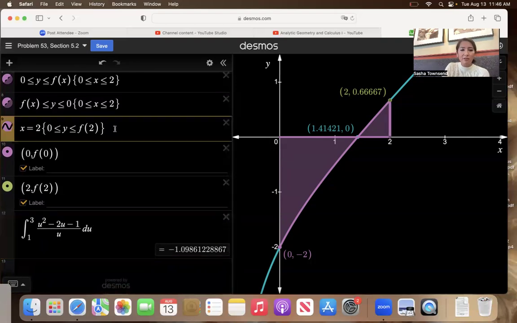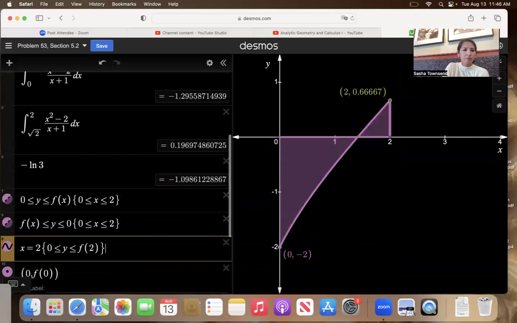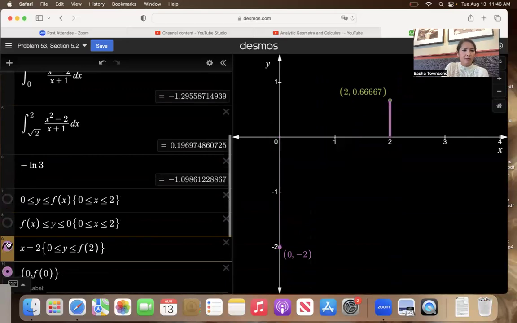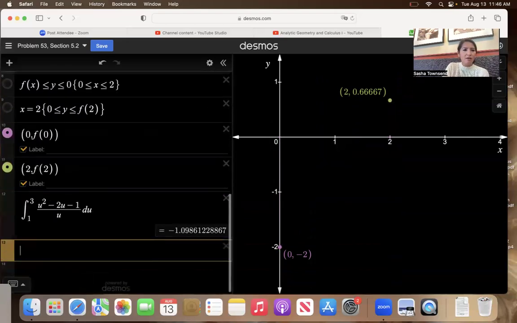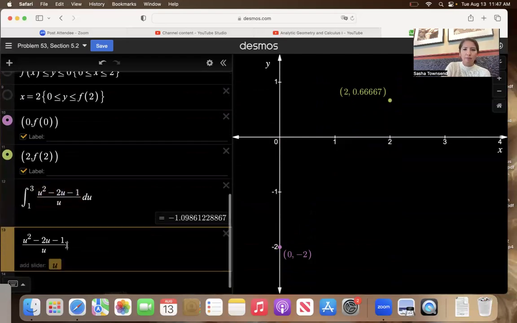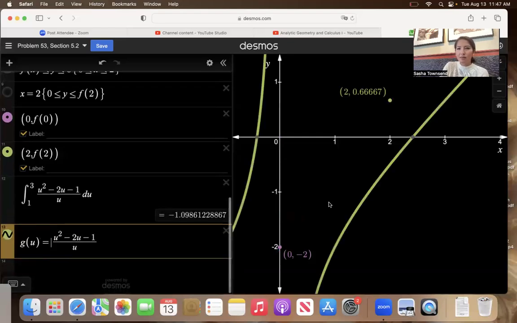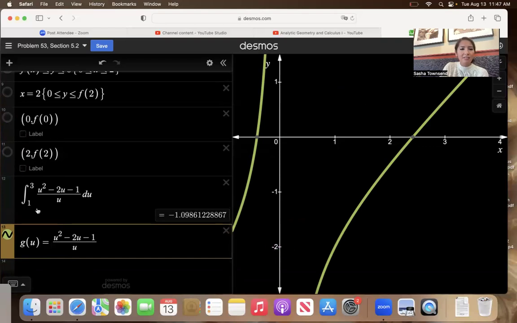But we can represent that visually in a slightly different way. So rather than graphing f of x, we could graph this function of u instead. So let's graph that. I'm just going to call this g of u. So we've got that as our function now. And now we're integrating this function on the interval from 1 to 3.